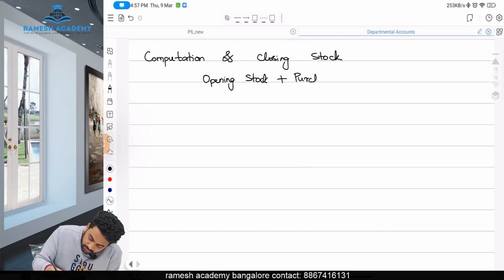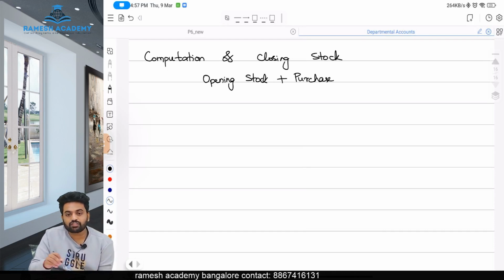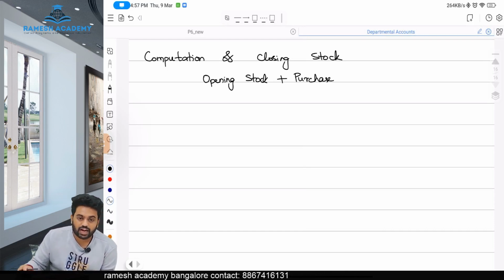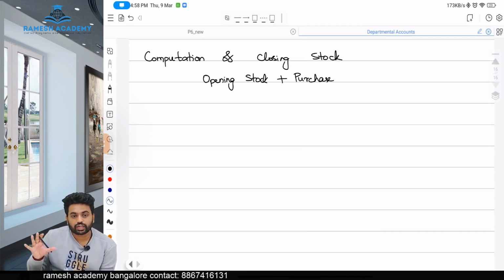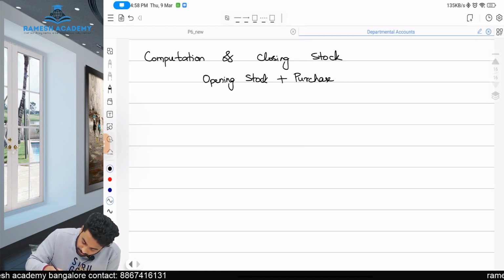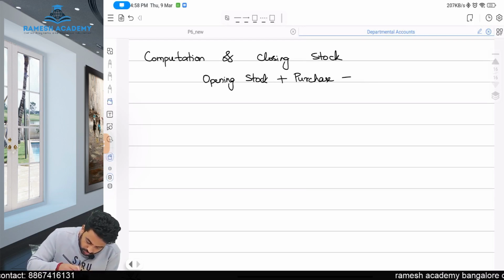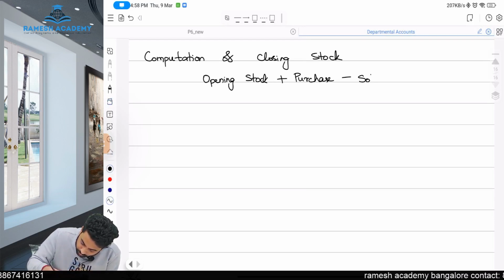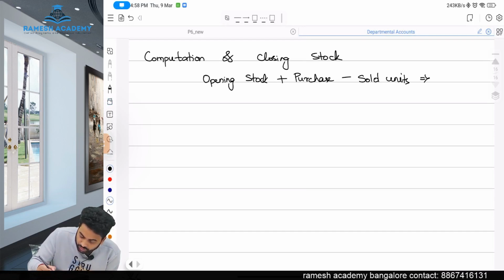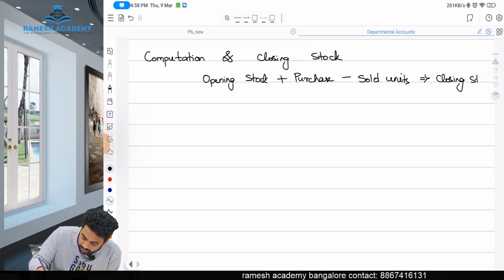What you will get? You will get goods available for sale, right? When you add purchases with the opening stock, you are going to get goods available for sale in that particular period. From that, if you reduce actual sales, if you reduce sold units, you are going to get closing stock.